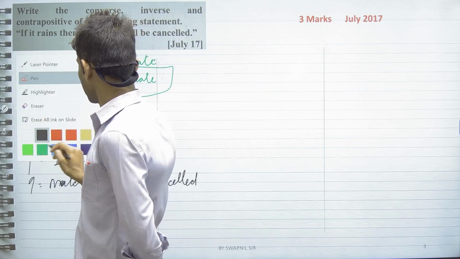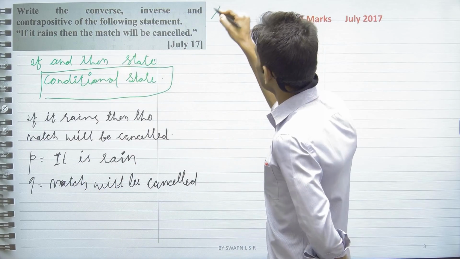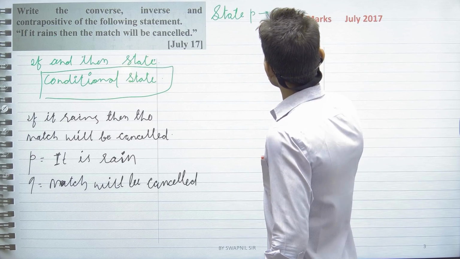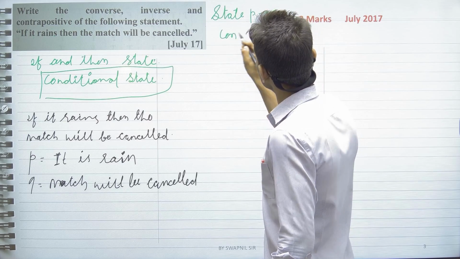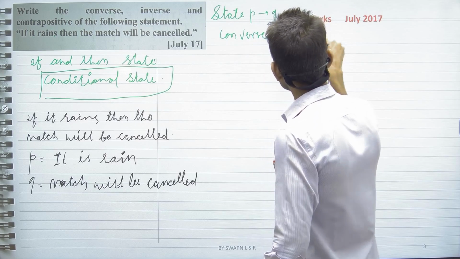If the statement is P implies Q, its converse says Q implies P.